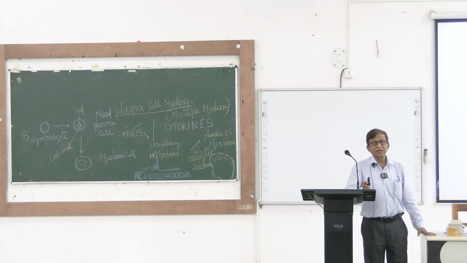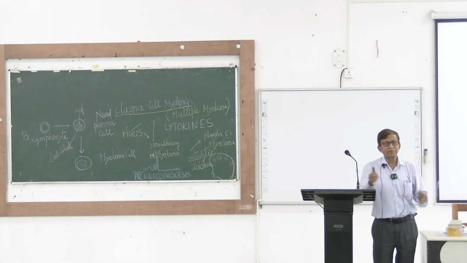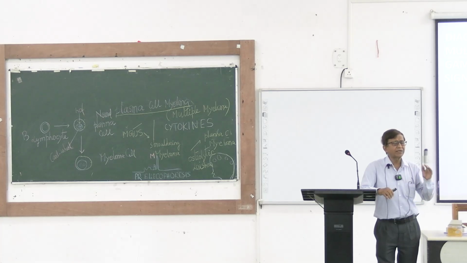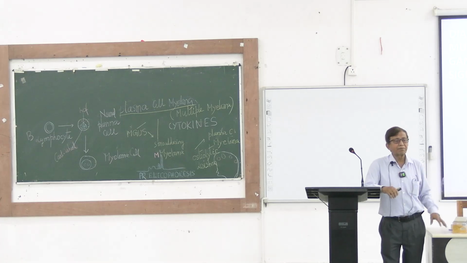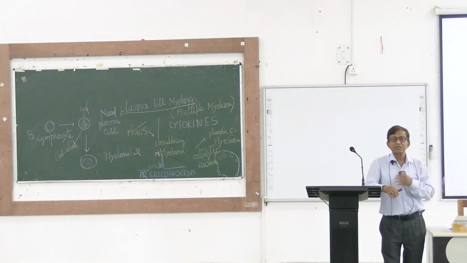Remember, there is a spectrum of diseases. The plasma cell diseases have a spectrum. The initial one, when the immunoglobulins just start to rise, we call MGUS, monoclonal gammopathy of unknown significance.